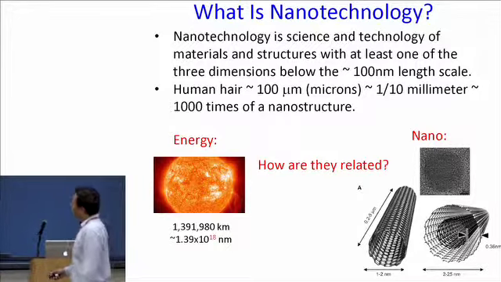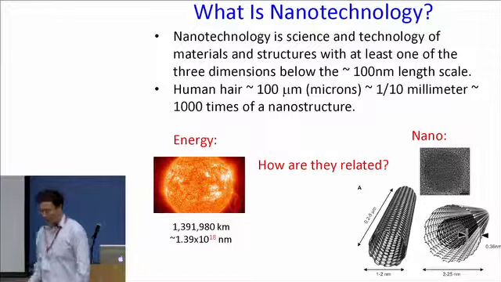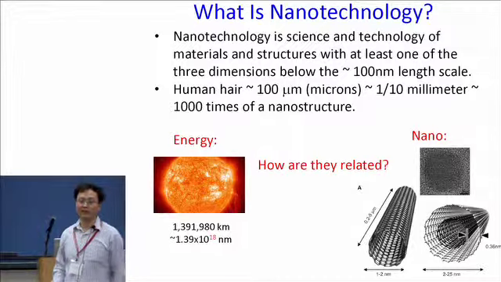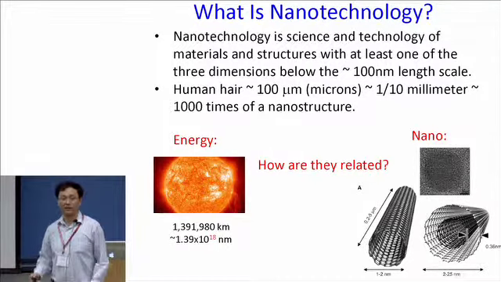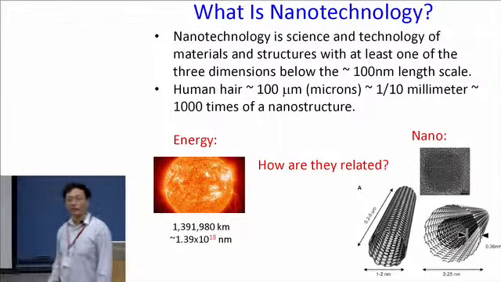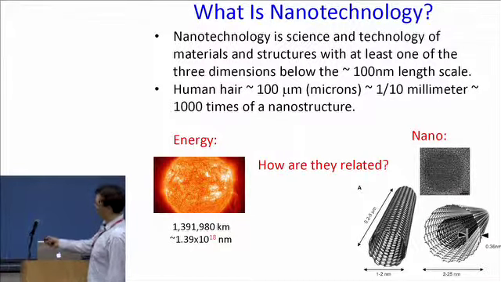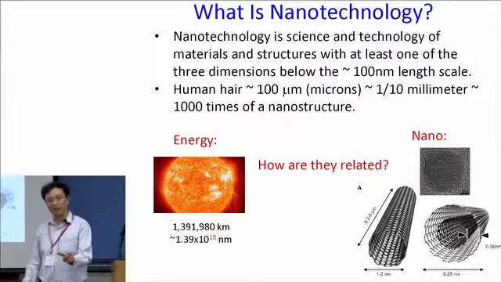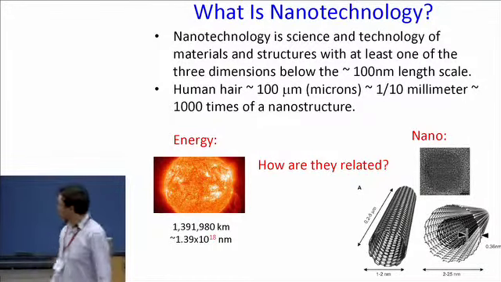When you think about nano, normally you think about things like nanoparticles, so particles that are really, really tiny. There are also a lot of nanomaterials that are one-dimensional, such as carbon nanotubes. A nanoparticle would typically be about 2 nanometers in size, up to about 20 or 50 nanometers.